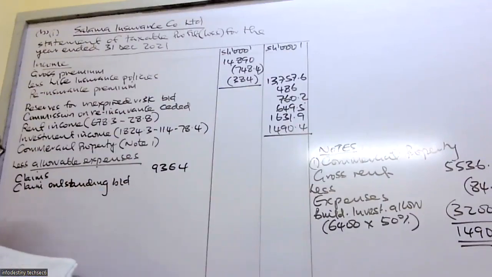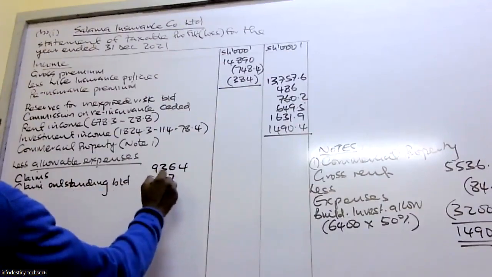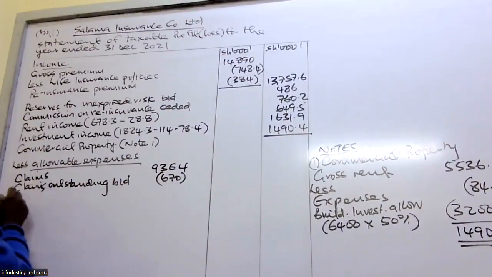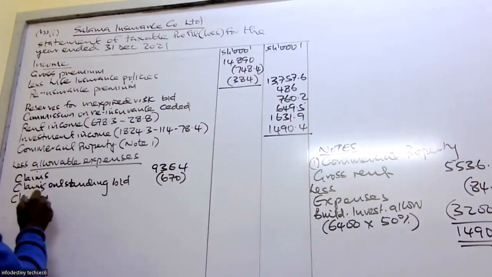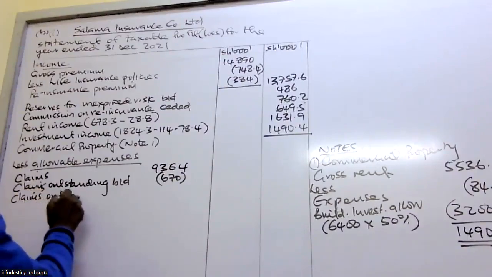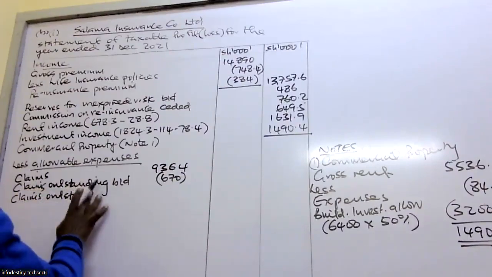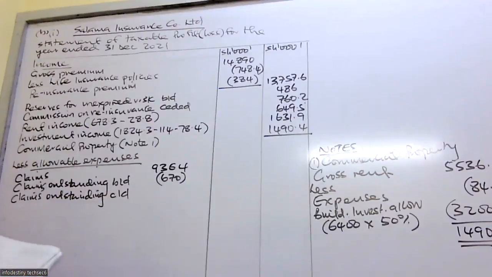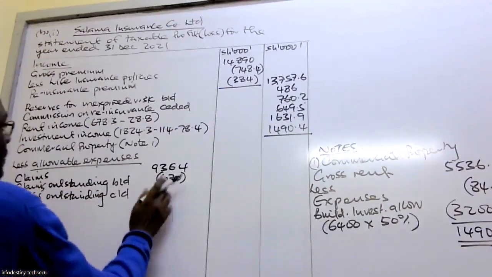Claims outstanding in January was 670. Then we have claims outstanding at the end of the year is 800.